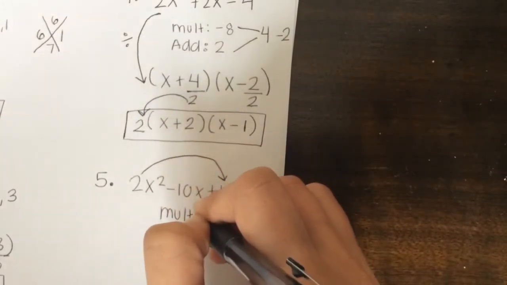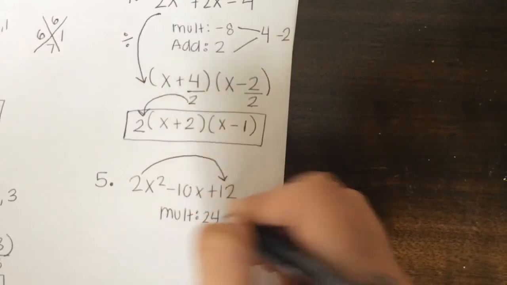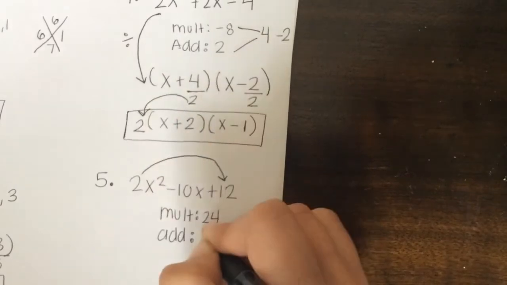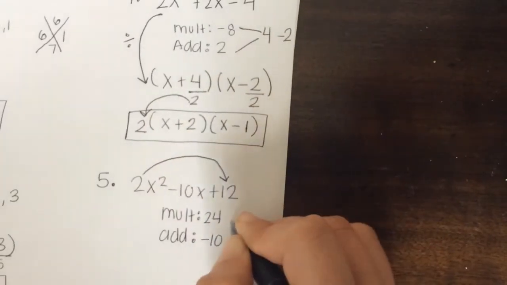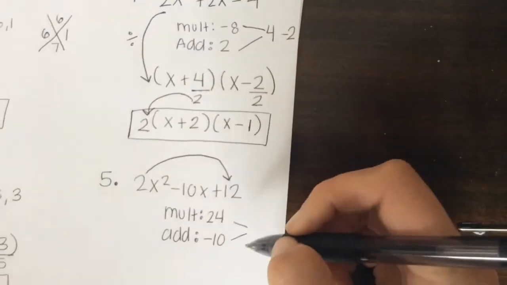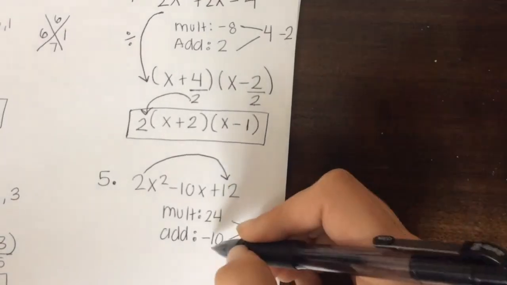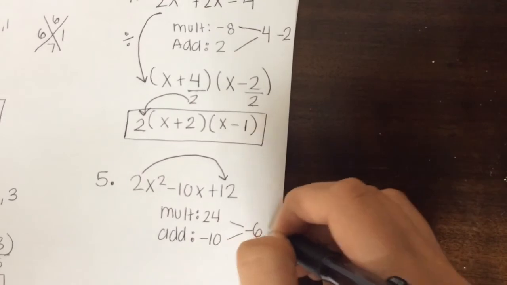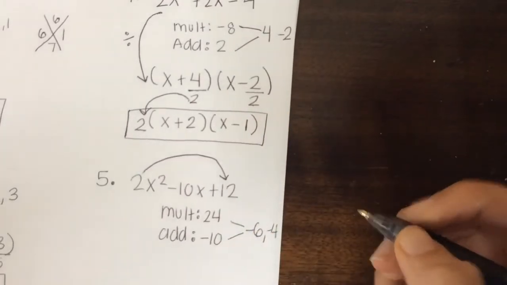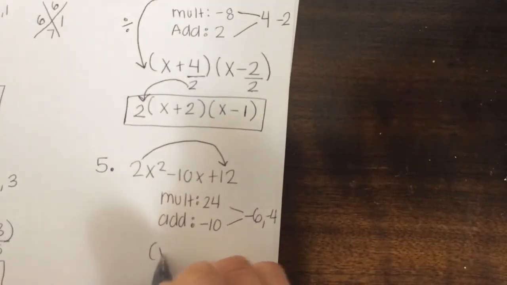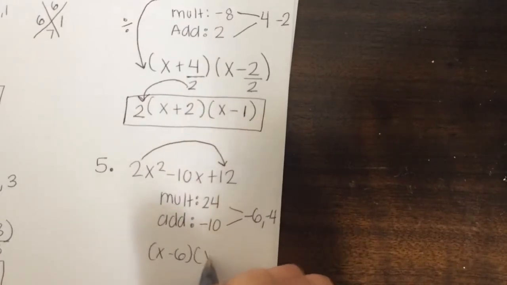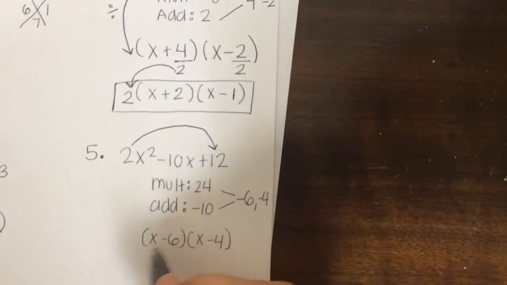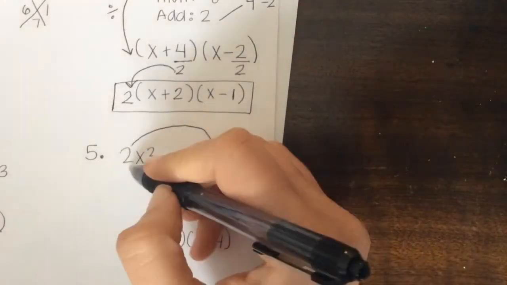We're looking for things that multiply to give me 24, that add to give me my middle term, my b value of negative 10. So the things that multiply to give me 24, that add to give me a negative 10, would be negative 6 and negative 4. So I have x minus 6, x minus 4. Those negatives take the form of a minus sign in our factored form.